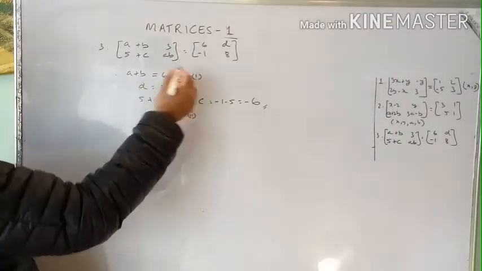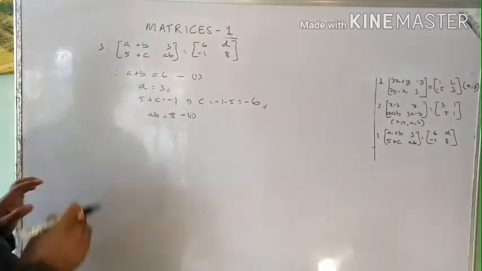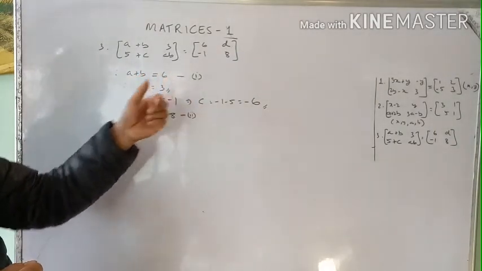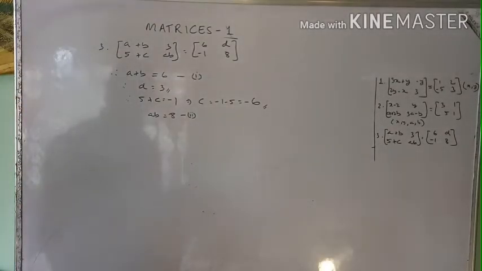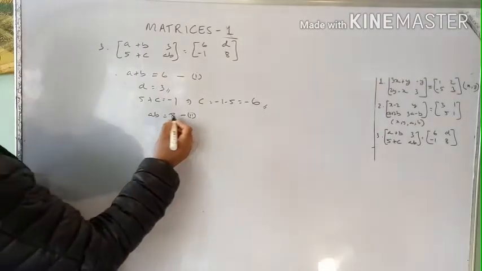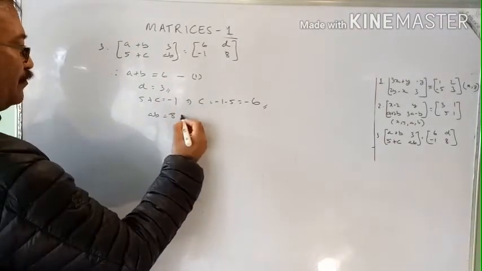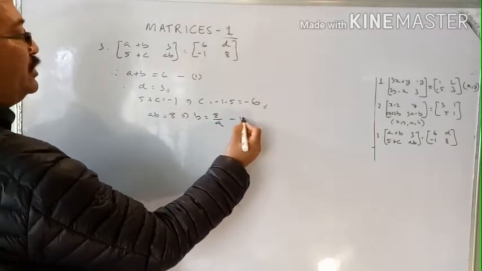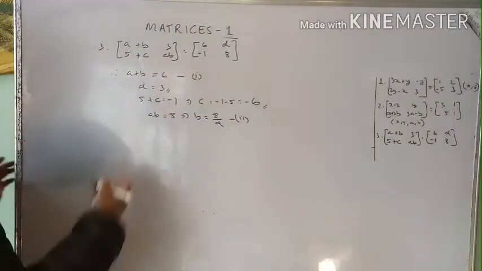From equation 1, a plus b equal to 6, you could square both sides, or do it the simple way. From equation 2, you find the value of b: b is equal to 8 by a. Now put this value of b in equation number 1.